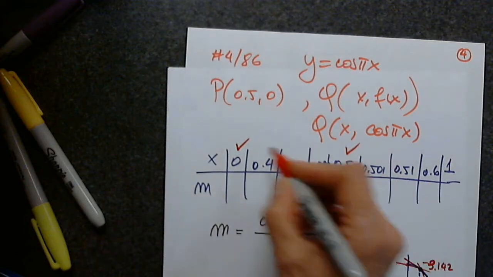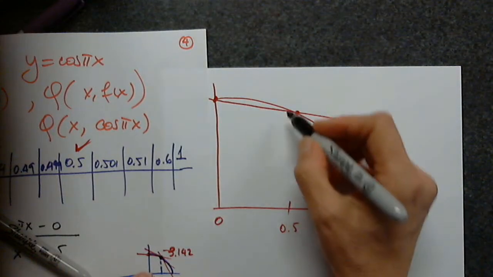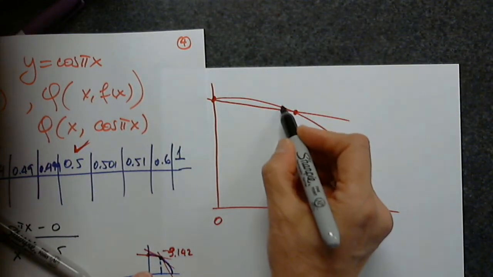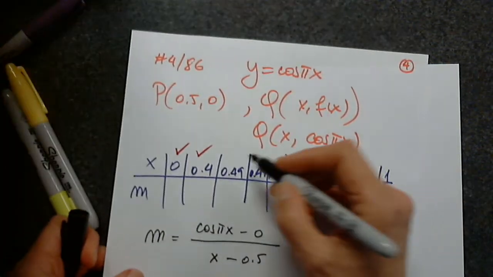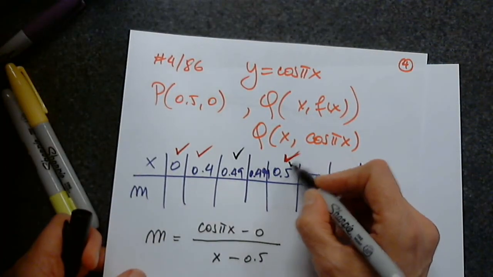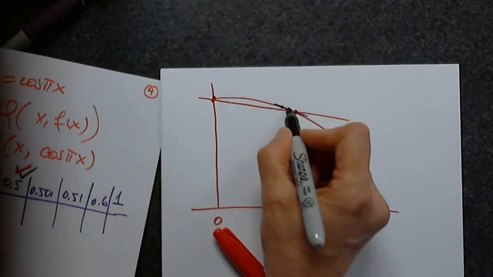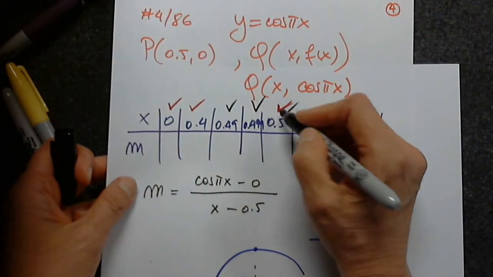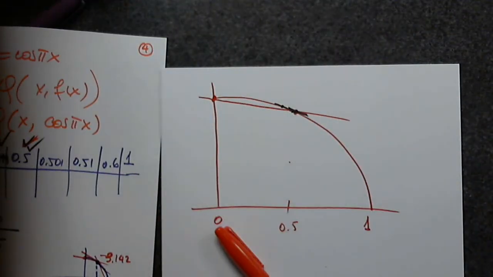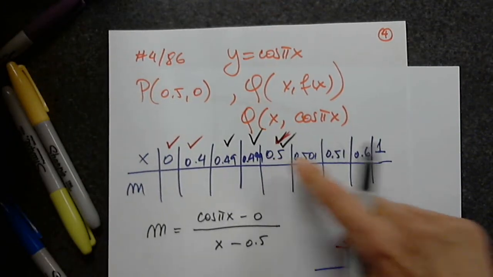Now I'm graphing the line between these 2 points. So 0.4 is already very close. Now I'm graphing the secant line between these 2 points. Then I'm graphing the line between these two.